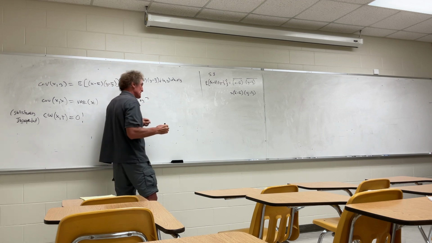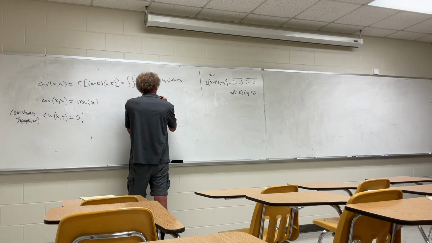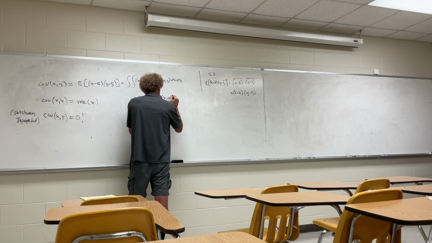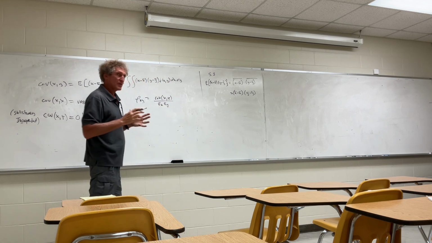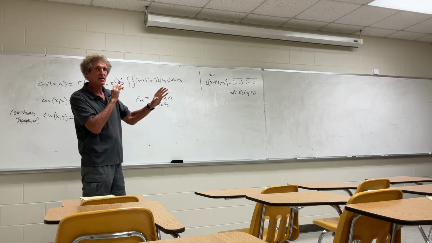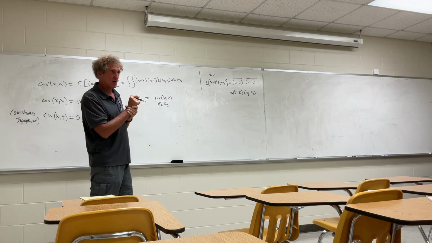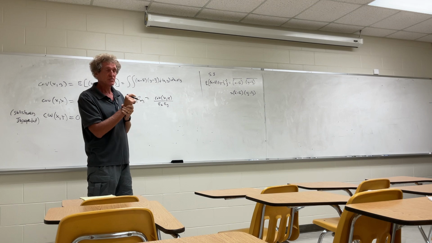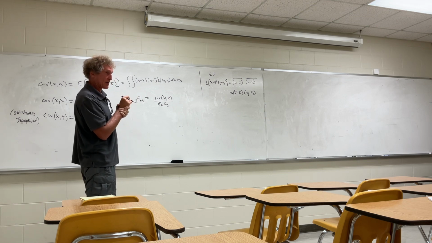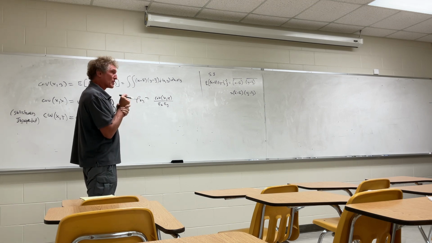So what this is really is the covariance of x comma y over sigma x, sigma y. He doesn't really spend much time showing you COV. He'll use VAR of x, but he doesn't use COV. COV is very, very common in terms of its usage. It indicates covariance, and that's important.